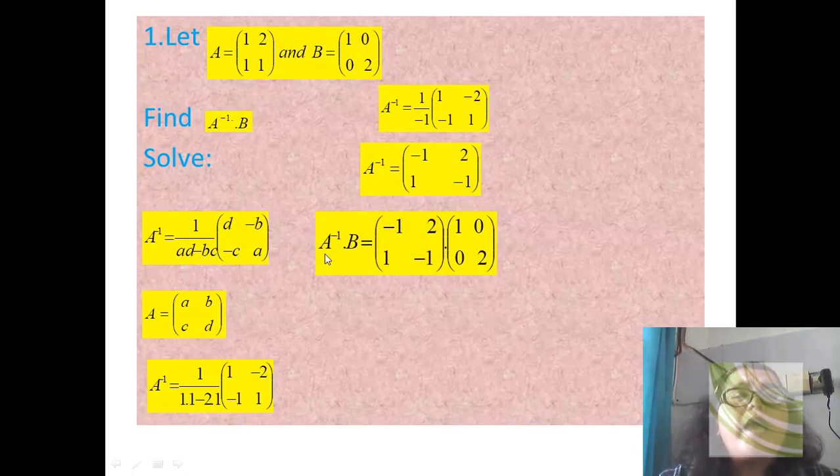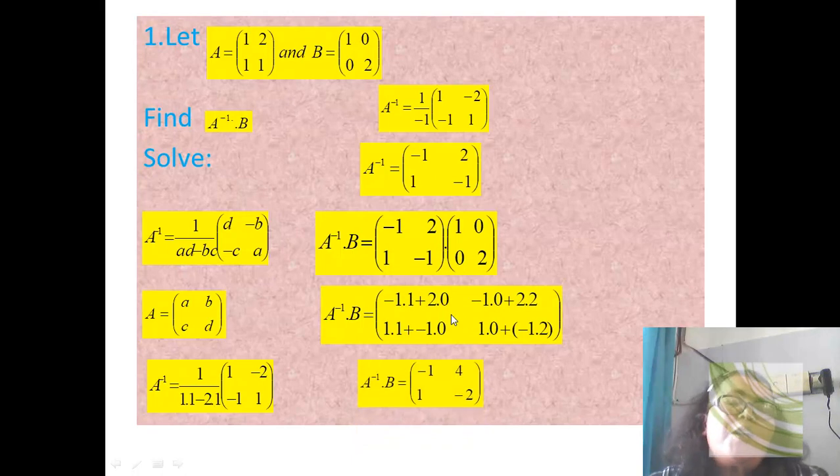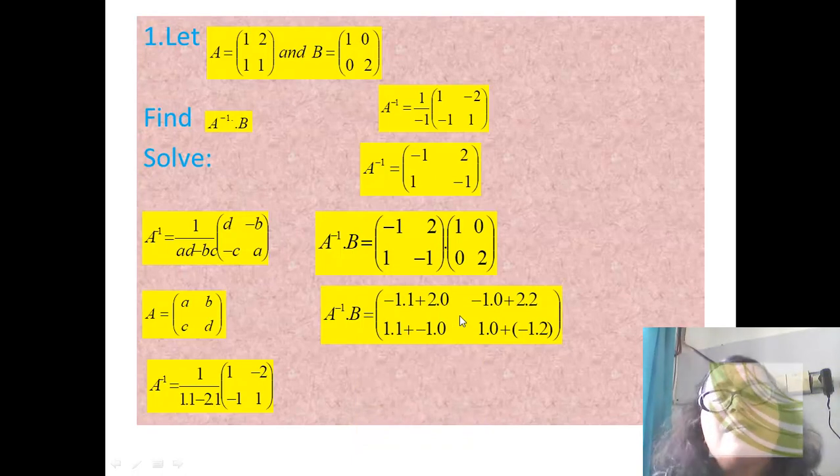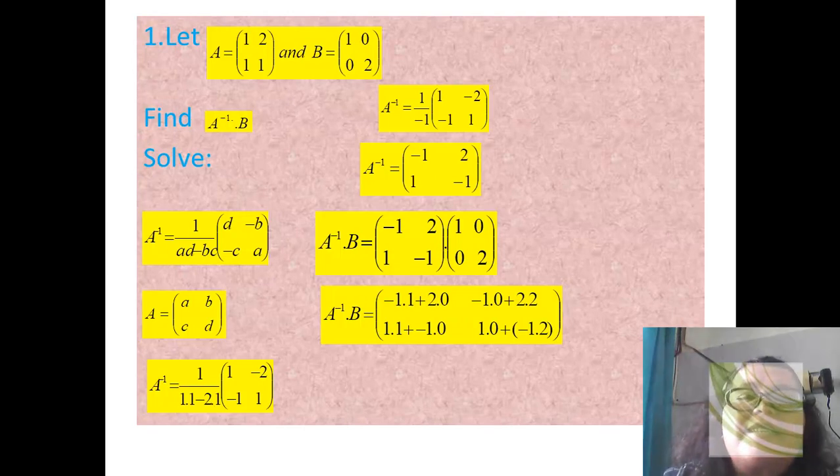So A inverse times B is the matrix 1, minus 2, minus 1, 1 times the matrix 1, 0, 0, 2. Remember the formula for multiplying two matrices.